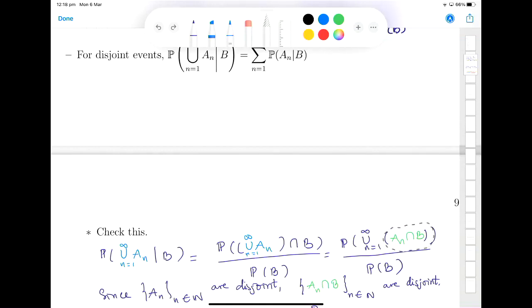Because A_i intersect with B is a subset of A_i, and A_j intersect with B is a subset of A_j, and because A_i intersect A_j is the empty set for i different from j, this set is also disjoint.